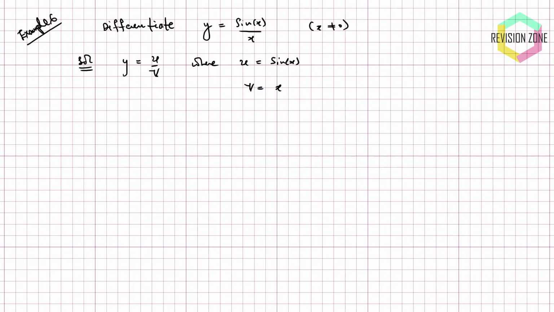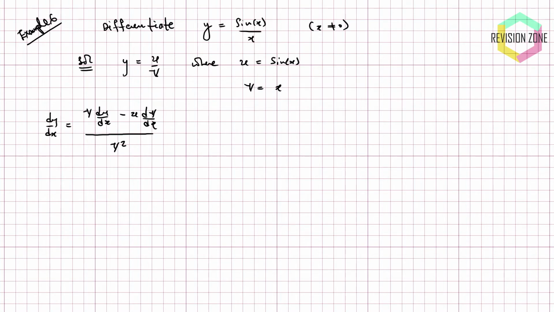So let's write down the quotient rule. It is v du by dx minus u dv by dx, and the whole thing is over v squared.